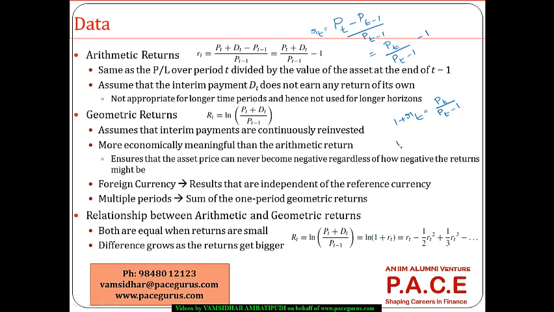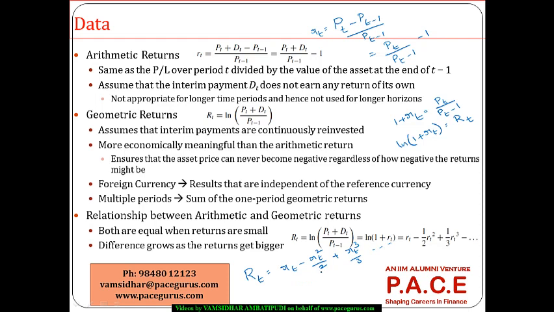Take the logarithm on both sides. Log of 1 plus Rt is equal to log Pt minus log Pt-1, which becomes the capital Rt. Now I can expand the log of 1 plus Rt using the logarithm expansion, which is nothing but Rt minus Rt squared by 2 plus Rt cubed by 3, and so on.